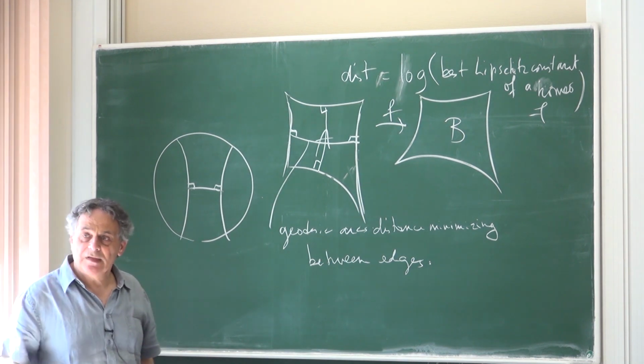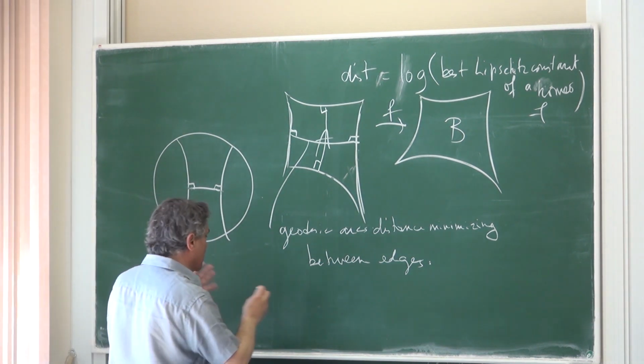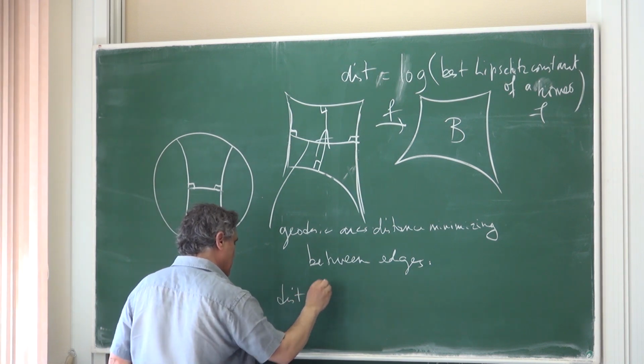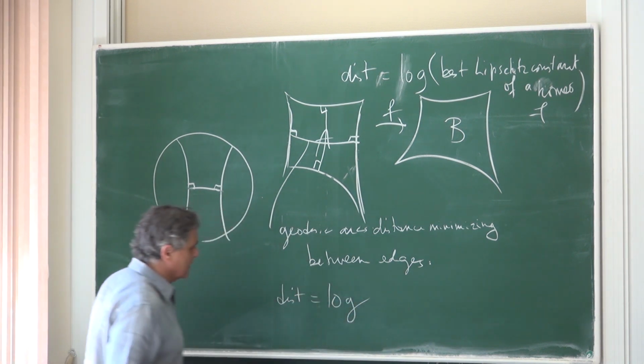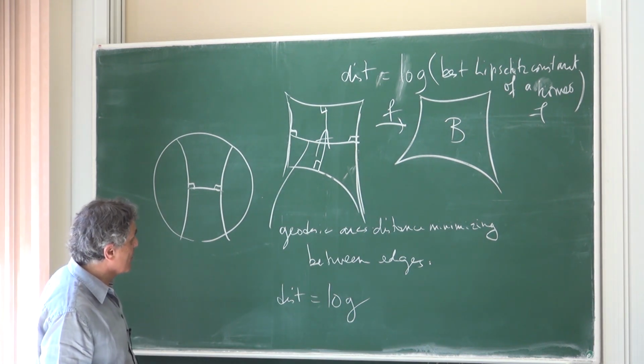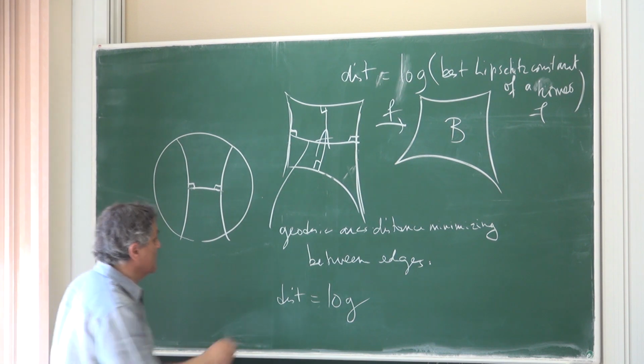And I adapt Thurston metric to this, and I get a formula where the new distance has always a logarithm. Let's give the names.